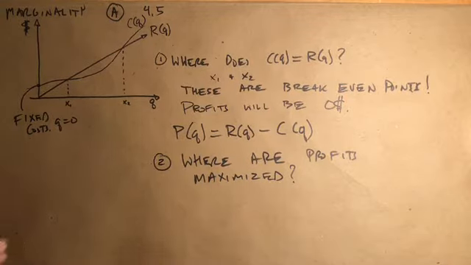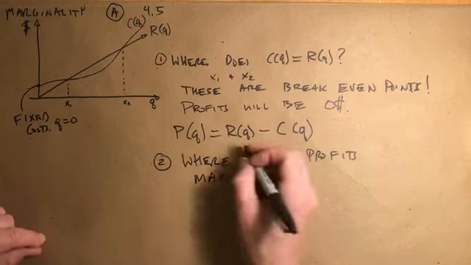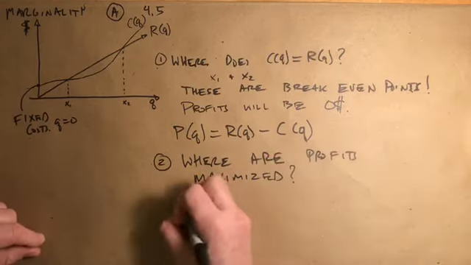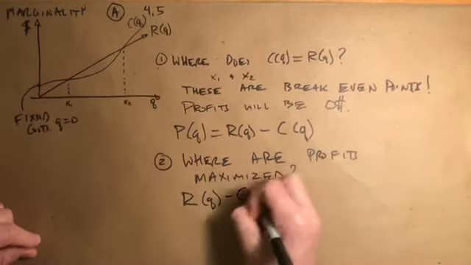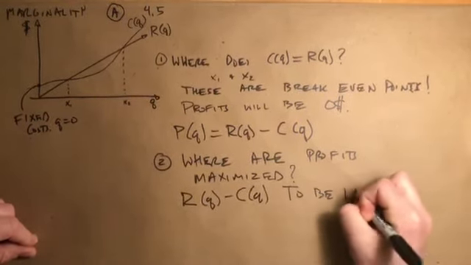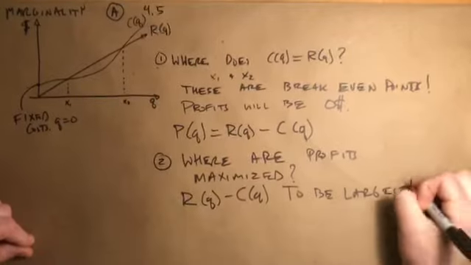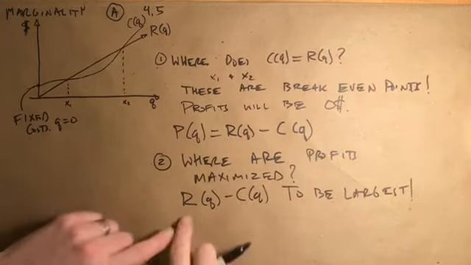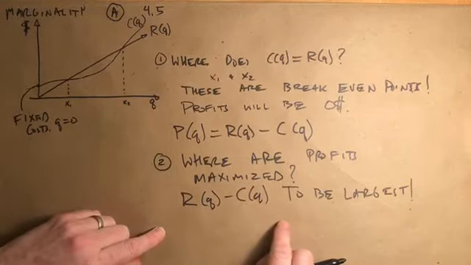And I want the money for R of Q minus C of Q to be largest. And so this is a vertical distance on my graph.